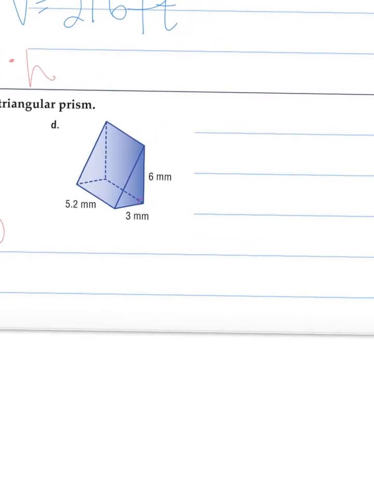Next one. Again, area of the base times the height. To find the area of the base, we take 1/2 times the base of the triangle, which is 3, and the height of that triangle, which is 6, times by the entire height of the triangular prism, which is 5.2.